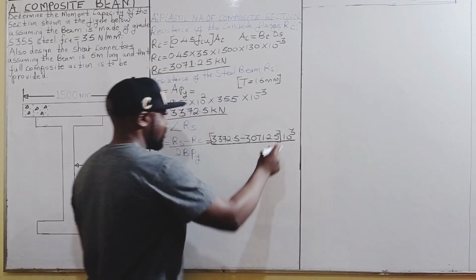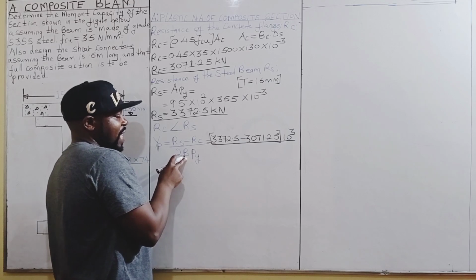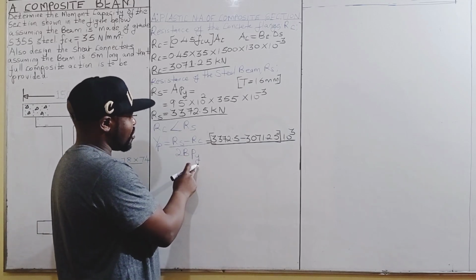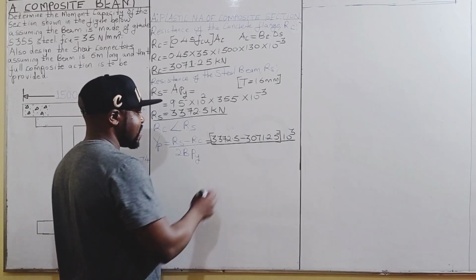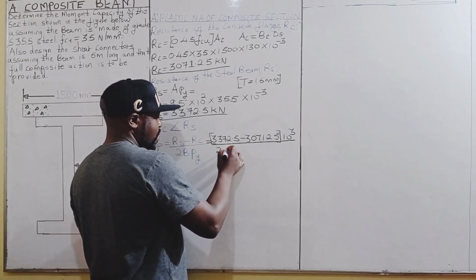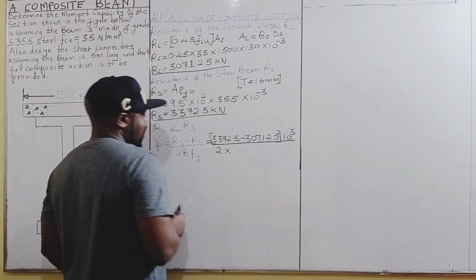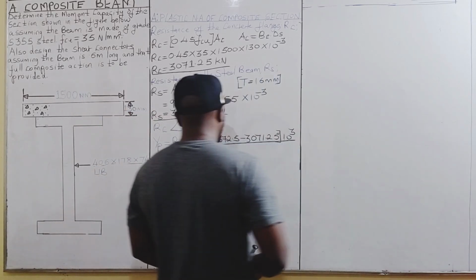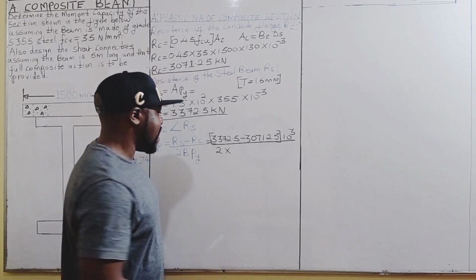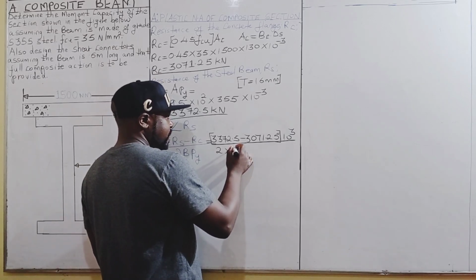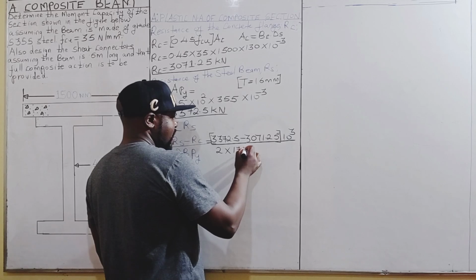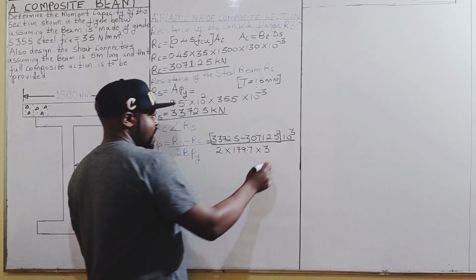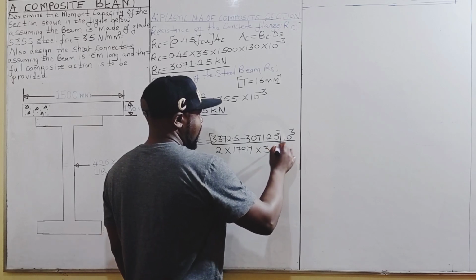The reason we are doing that is because the width of the section is given in millimeters and the design strength of steel in newtons per square millimeters. So we divide by 2 times B, the width of this steel section, which from Appendix B of the BS 5950 is 179.7 millimeters, times the design strength of steel, that is 355.